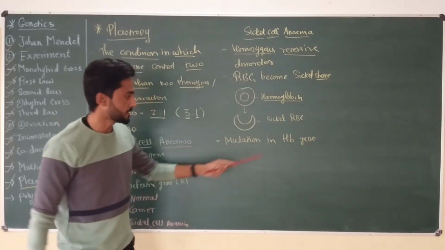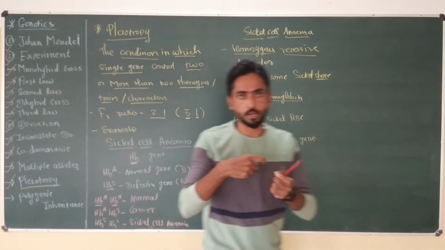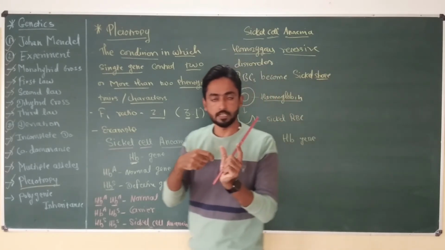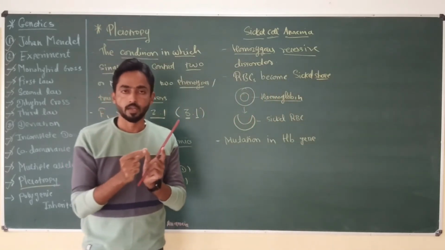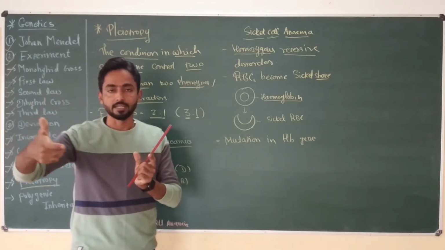Point mutation occurs in the HB gene, and we know that due to the point mutation, a single base change occurs that ultimately leads to change in the codon, and due to change in the codon, the amino acid sequence is going to change in the final protein.